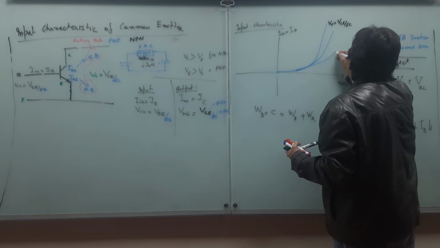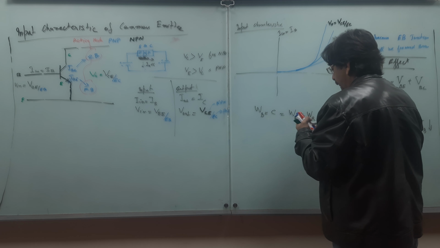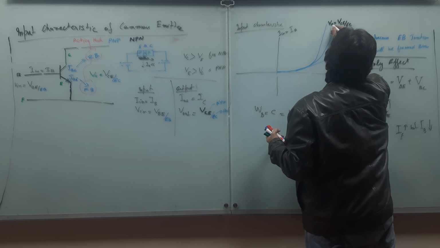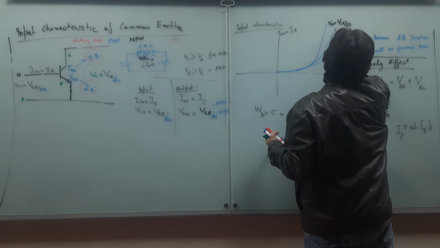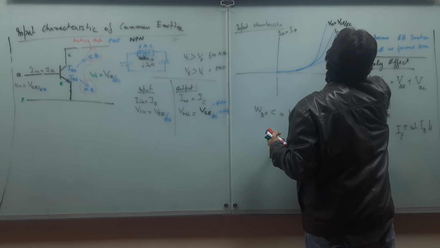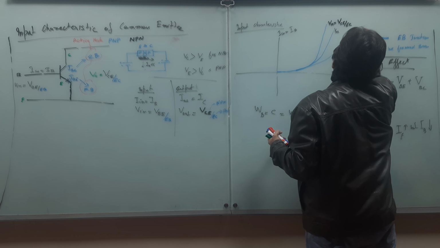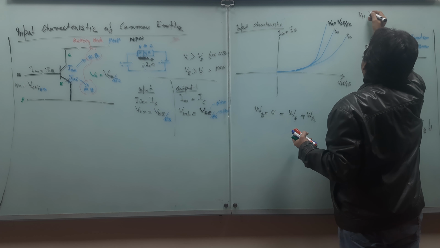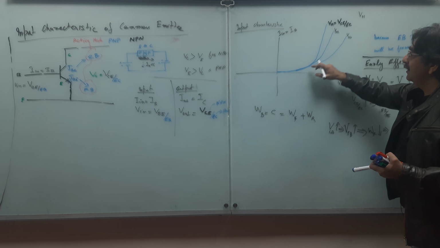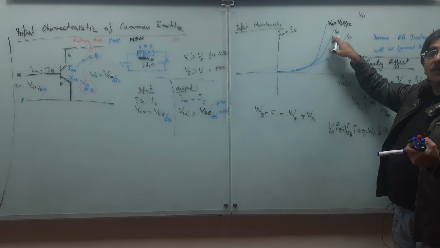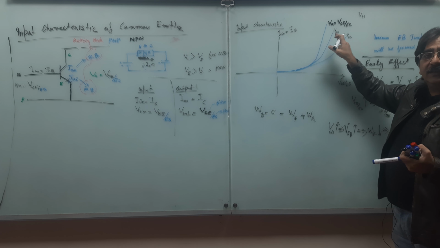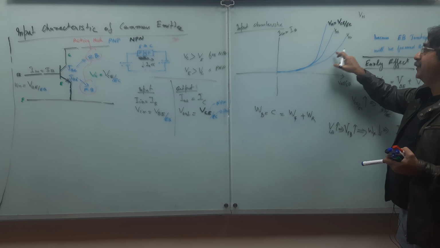If this is VO1, this VO2, this VO3, then VO1 is smaller because current is increasing slowly. Here it increases fast, here it increases slowly. IB is decreasing.